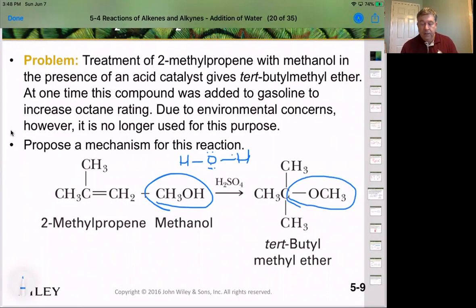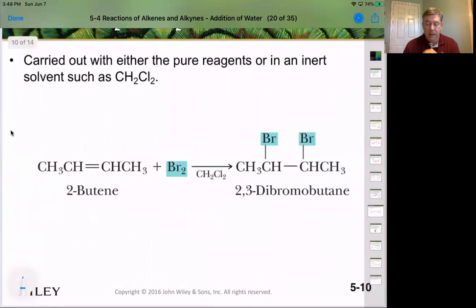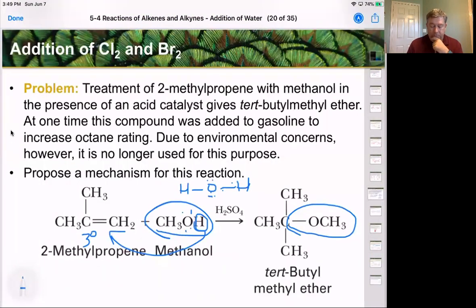What I think is probably going to happen is we're going to protonate this alcohol just like we protonated the water. Then one of the hydrogens is going to add to our double bond, giving us our tertiary carbocation. Then our tertiary carbocation is going to react with some kind of Lewis base to form our final product. So let's see how that can happen.